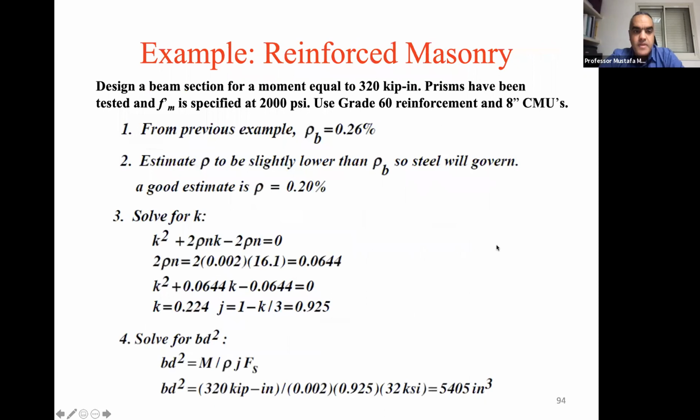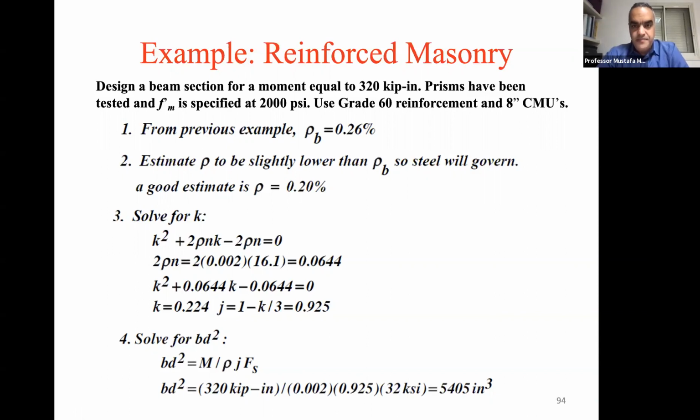Okay. So here we can design a beam, which is a lintel in a masonry wall, that has a moment of 320 kip-inch. Prisms have been tested, F prime M is 2000 psi, and the reinforcement is grade 60, in an 8-inch CMU wall. From a previous example, we have the balanced condition for these data, which is 0.26%.